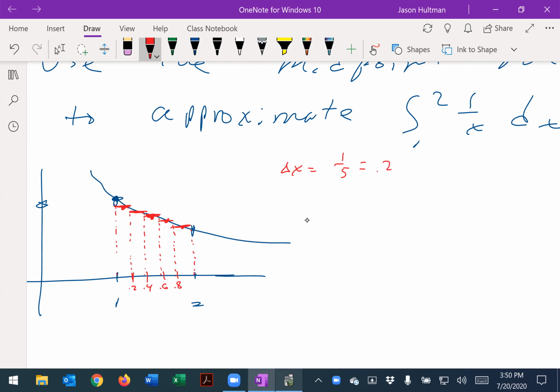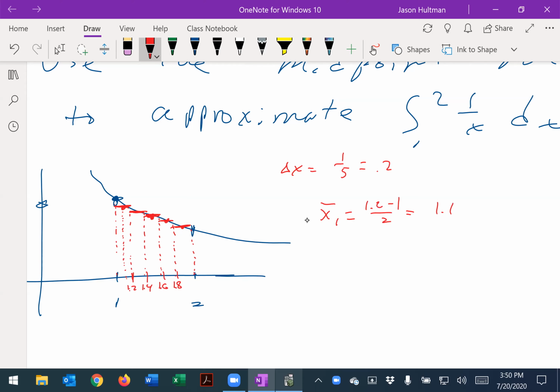But now I need to figure out the midpoint of each of these. What's x bar 1? Well, x bar 1 is the average between 1.2 and 1. So this is 1.2, 1.4, 1.6, 1.8. The average between 1.2 and 1 is just 1.1.